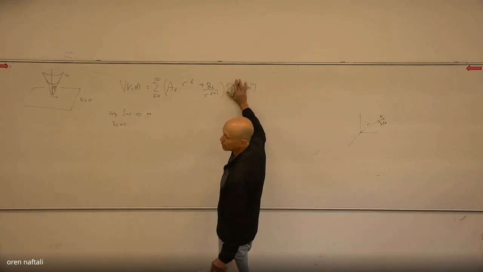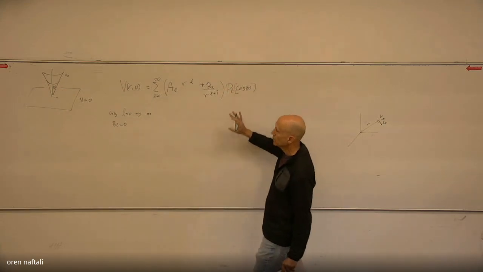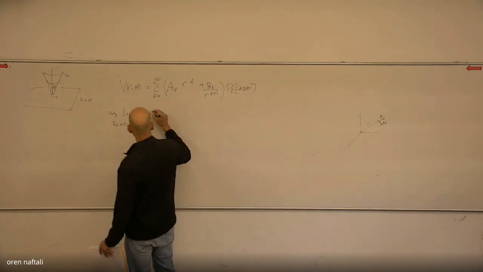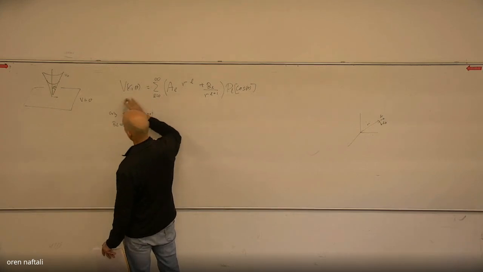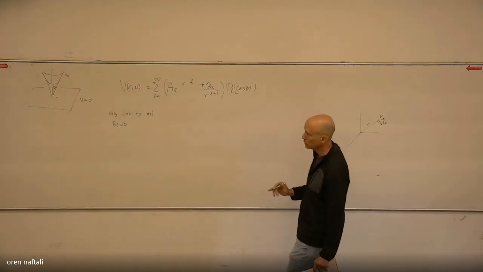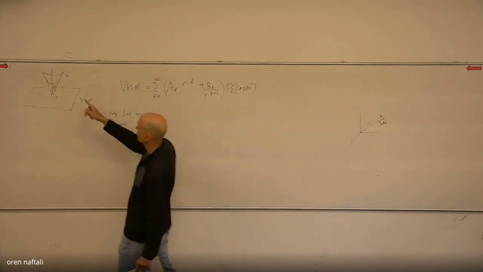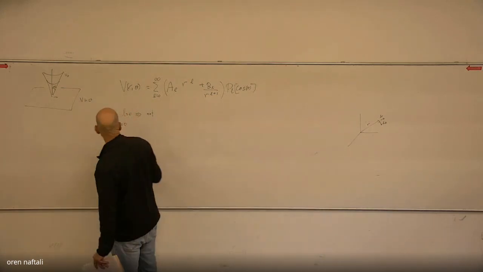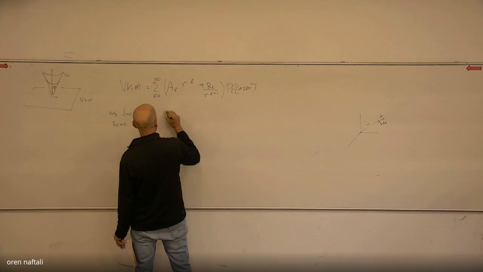But then PL of 0 is 1. This is not physical, because that means that V of R and theta in this regime is a constant, but we know it's not a constant because we have two different boundary conditions, unless V0 itself is 0, but that's stupid. So this is not physical.